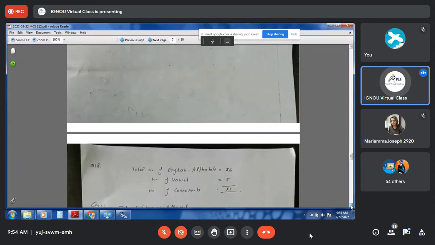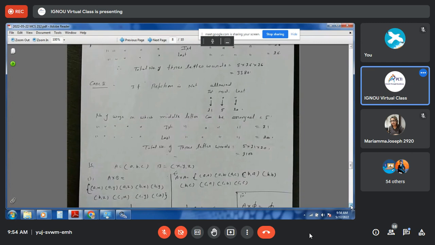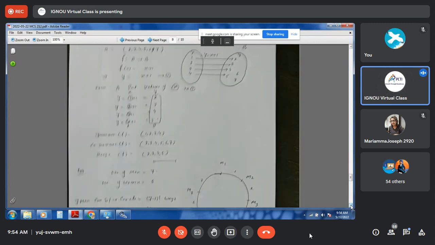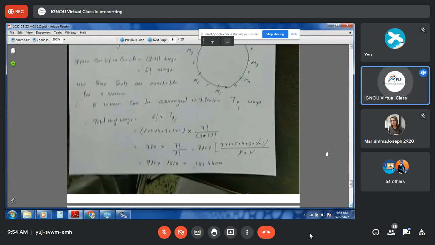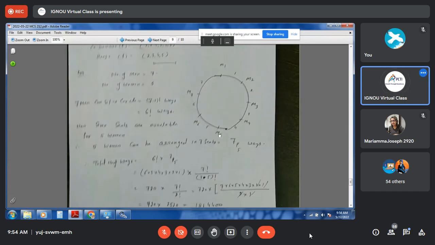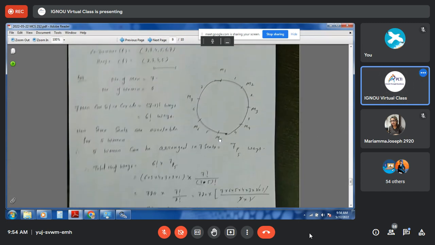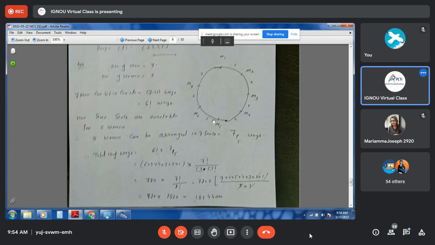We have 2 groups, men and women. Number of men 7, number of women 5. Women do not want to sit together. So it is compulsory that first of all the 7 men come and sit in a circle.